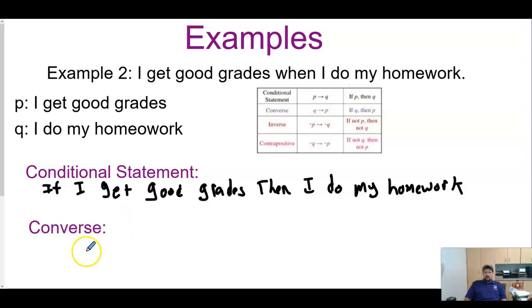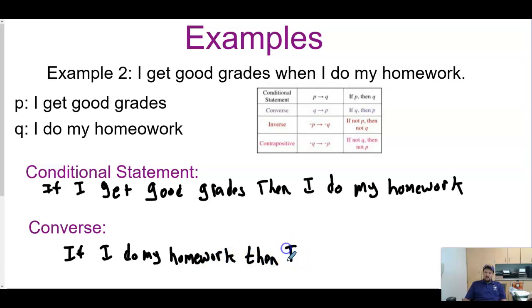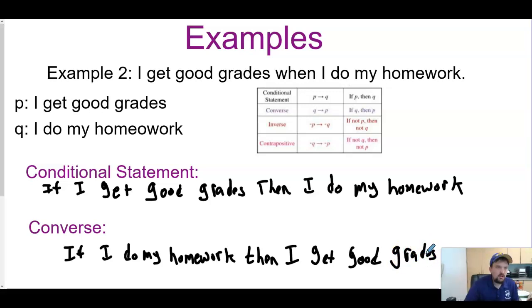The converse is just flipping it. If I do my homework, then I get good grades. So there's your conditional statement and your converse.